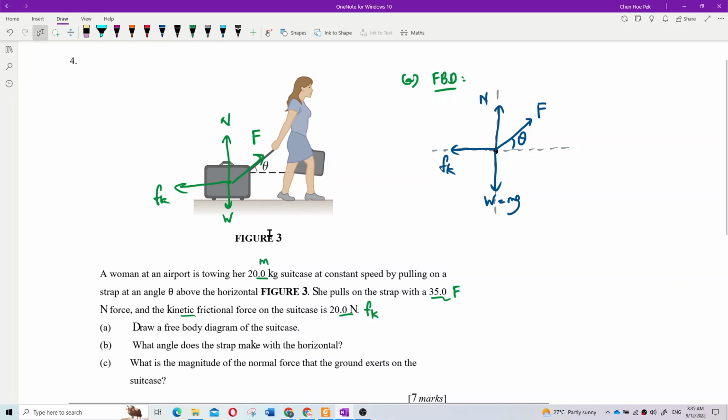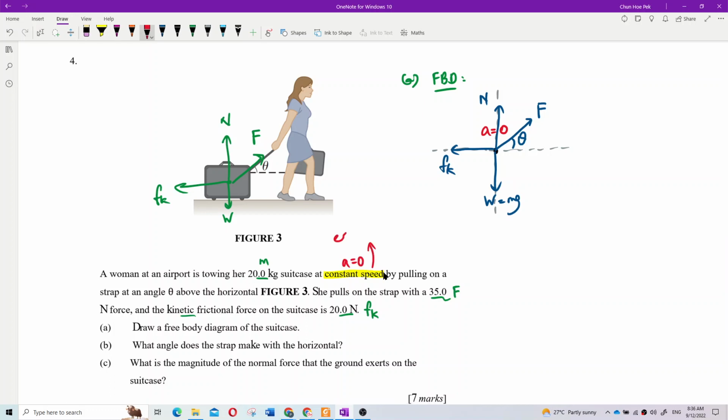Because this is chapter 3, you must draw the acceleration, but this one is constant speed. So the acceleration is 0. You must write acceleration 0 at the side. Constant speed means acceleration 0.